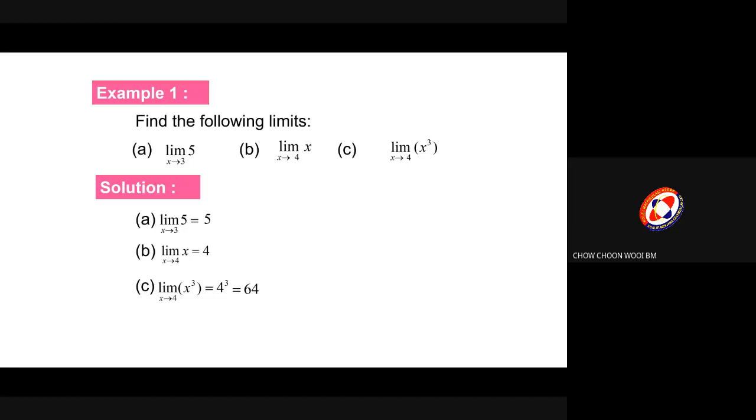First, kalau kita bagi limit, tempat x itu kita gantikan dengan nilai yang diberi. So I give you 1 minute, you try to solve it. Empat soalan ni. Then you tell me your answer later.